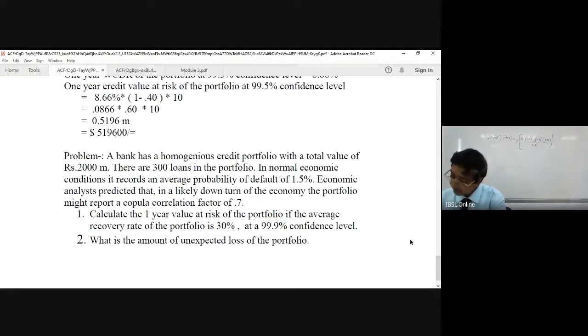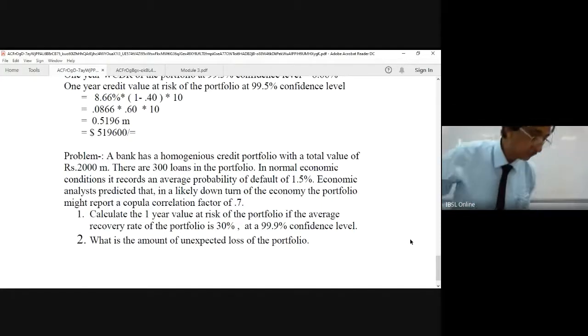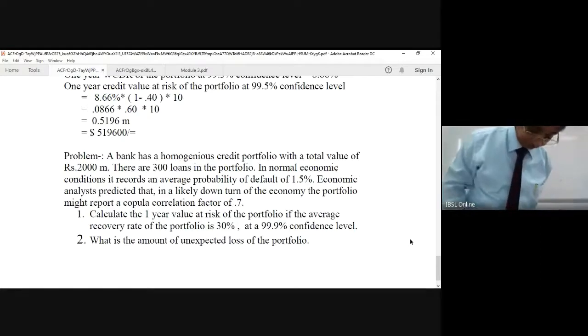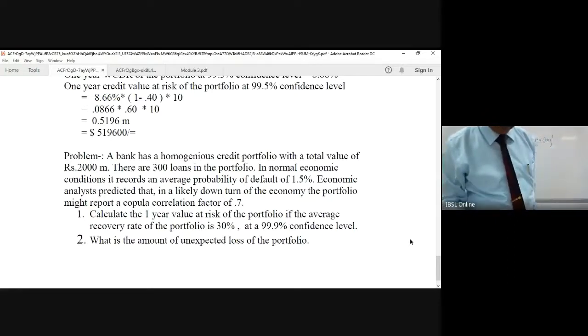So it comes to minus 2.17. Then you need to get the square root of 0.7, which is 0.8367.